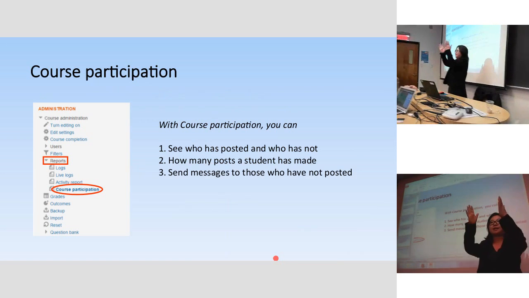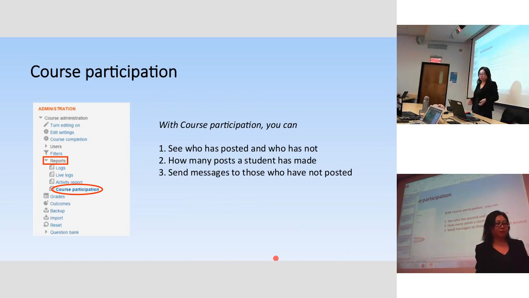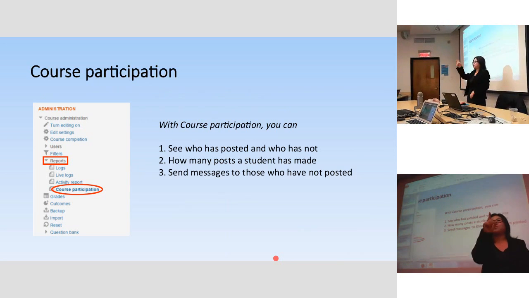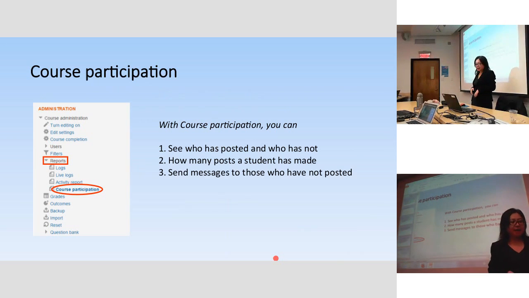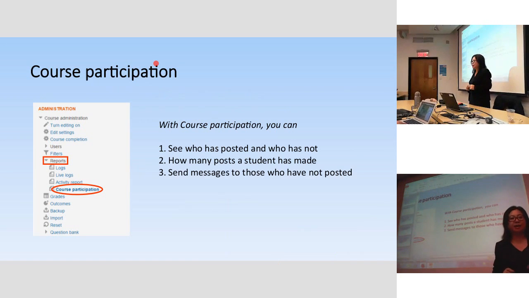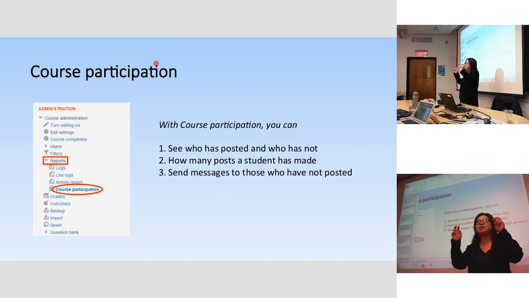You will see a names column and a yes/no column, who posted and who didn't, and how many posts a student has made. You will see student 1, 2, student 3, 0. You can also send messages to those who say no, who didn't post anything. There's an option to select all the no's and send a message: Hey, you guys, you've got to post.